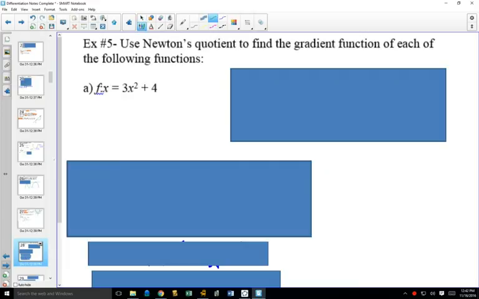So our definition, I'll rewrite it here. f prime of x is equal to the limit as h goes to 0 of f of x plus h minus f of x over h.